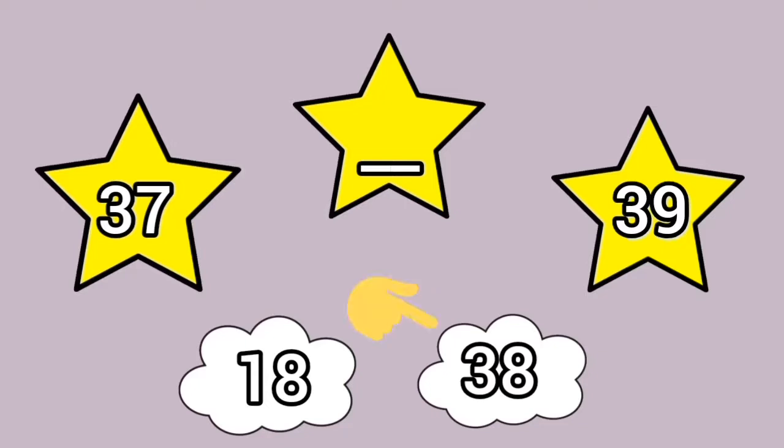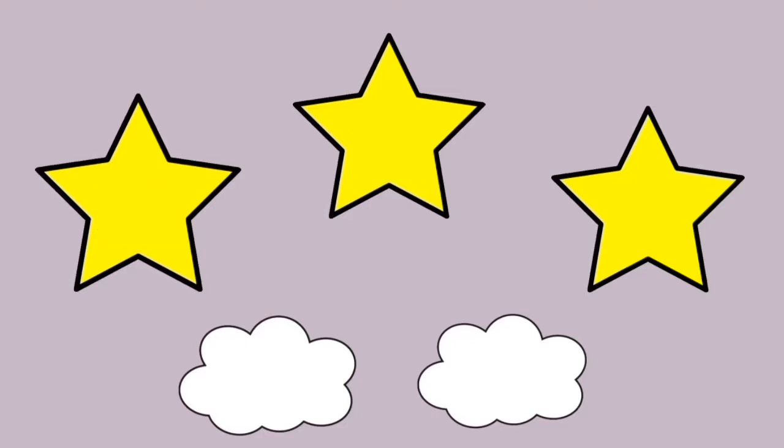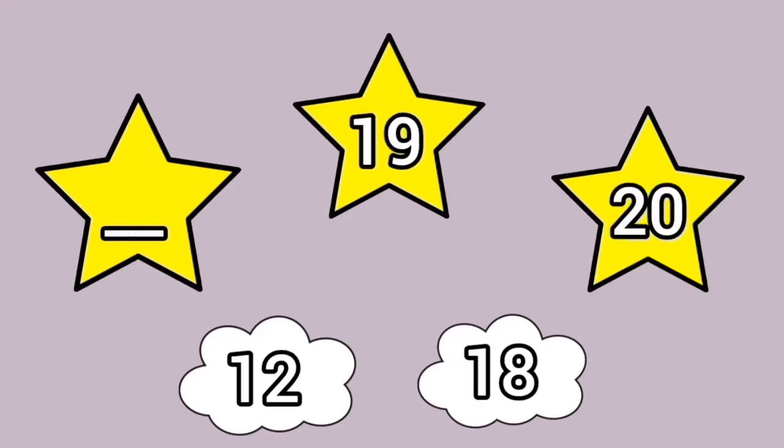No, it is 38. 37, 38, 39. Now last, dash, 19, 20. So before 19 which number is missing? Yes, it is 18. 18, 19, 20.